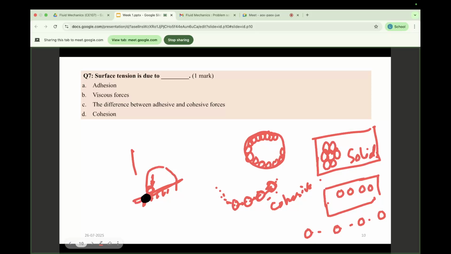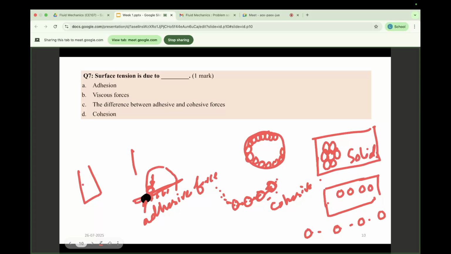There is an interaction between these two, that means they will try to bind each other. This force is known as adhesive force. This force doesn't play a role in the surface tension, but it plays a role in adhesion, or you can say in capillary rise.